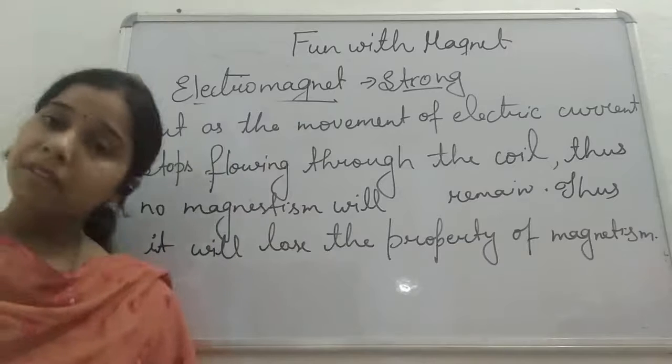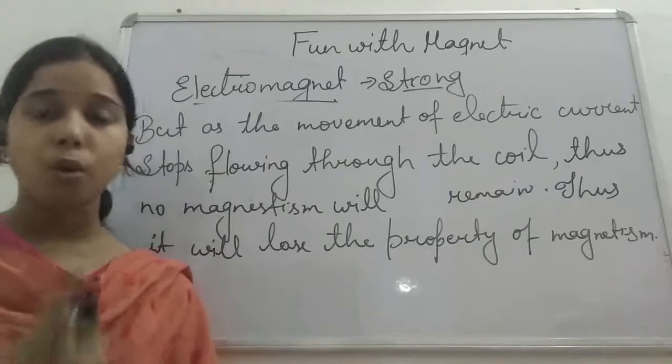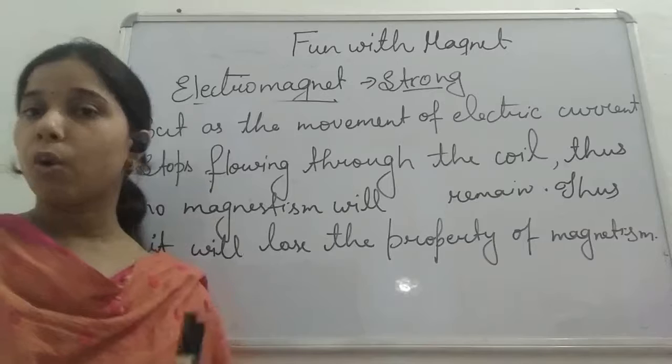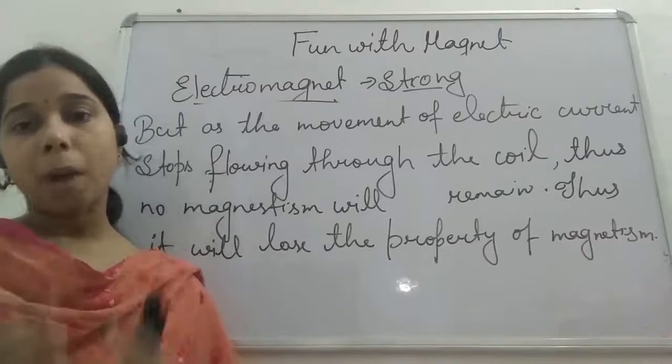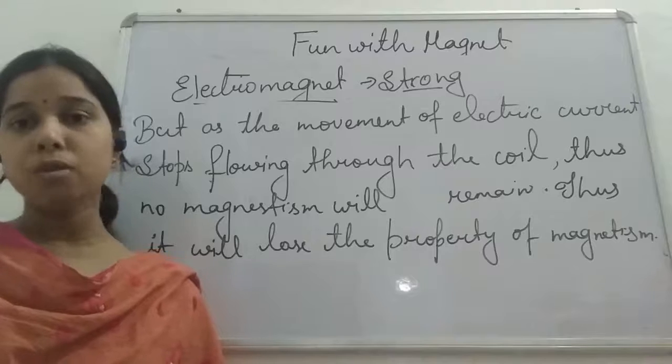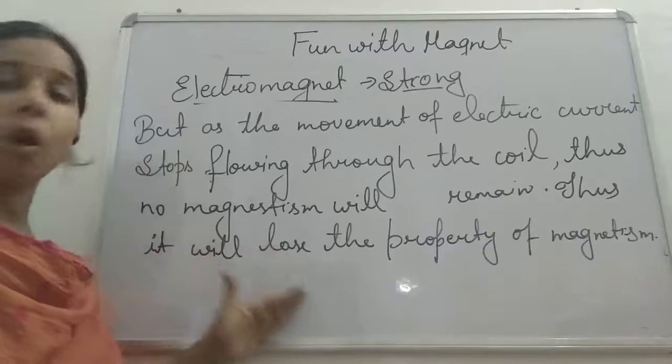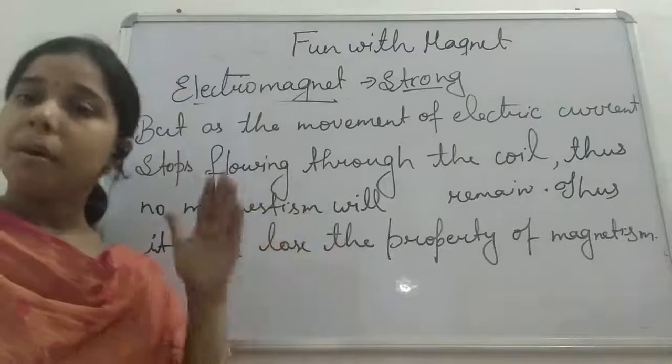When we switch off the supply, at that time there will be no flow of the electricity through the coil, and thus the property of the magnetism it will lose, and it will not behave like an electromagnet.